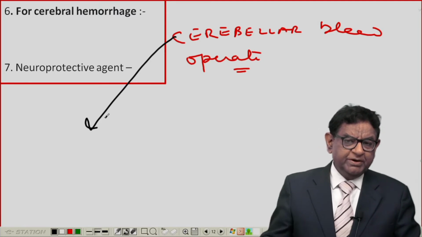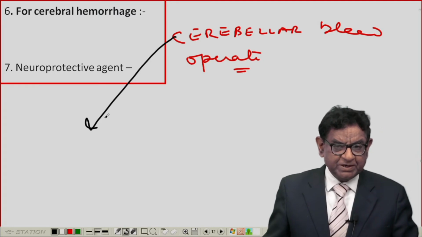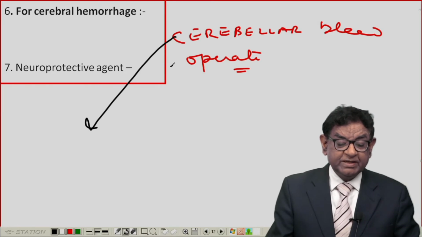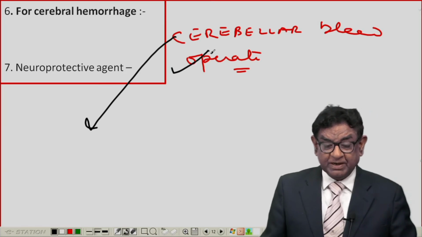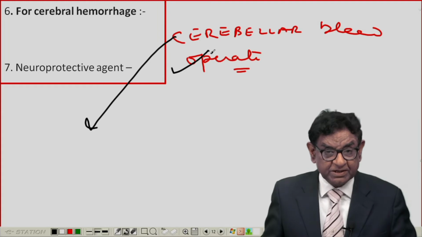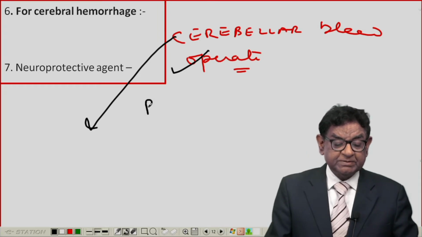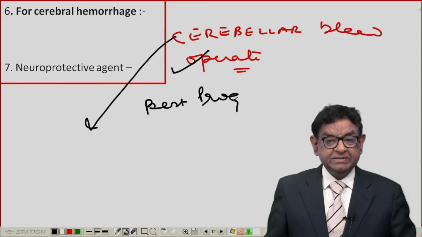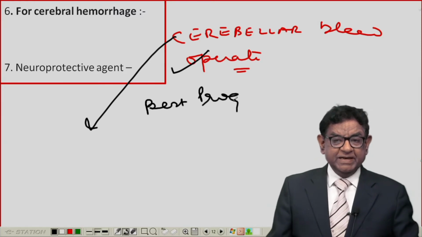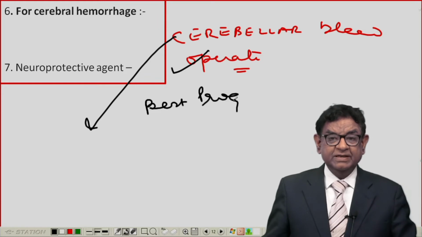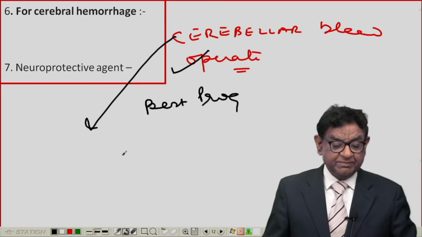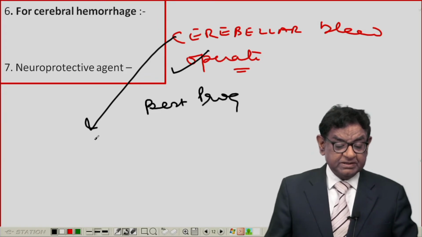But in the posterior fossa, in cerebellar bleed in particular, it's the only place where we can operate and remove the blood. That's why if done early, you get the best prognosis. But if a cerebellar bleed is there and you do not operate, that will lead to coning of the cerebellar tonsil. This is the cerebellar tonsil.